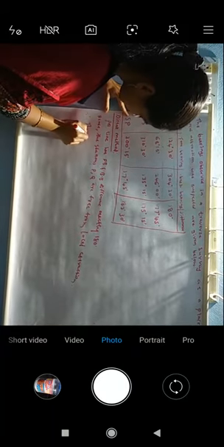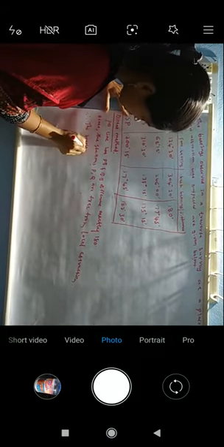Therefore the bearings which are observed from P and Q stations are all correct bearings. We don't need to correct them.